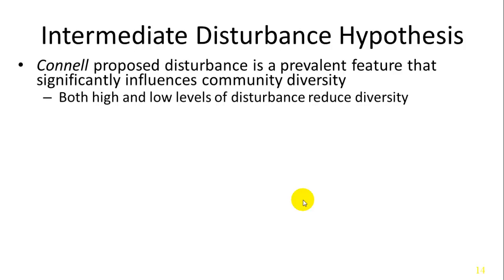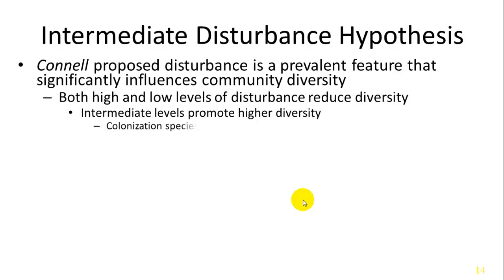And then low levels of disturbance are going to be dominated by the K-selected species that can outcompete all the other ones. So intermediate levels are going to give you a range between the two.